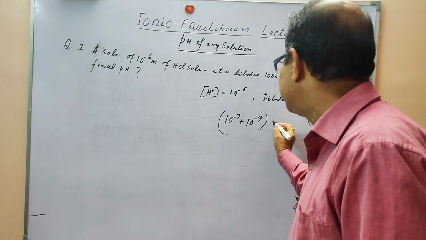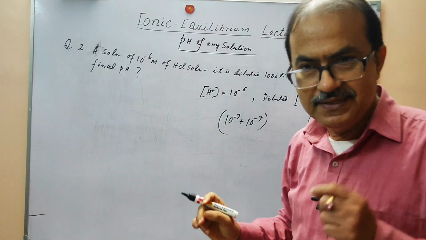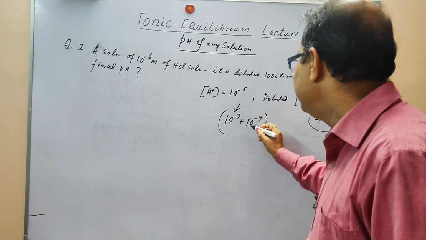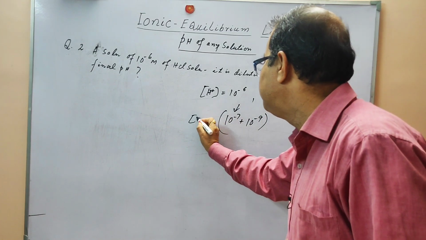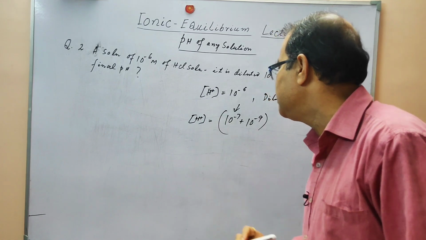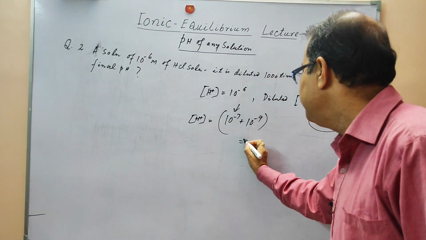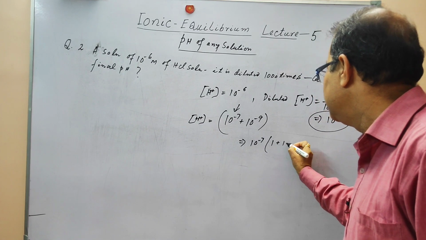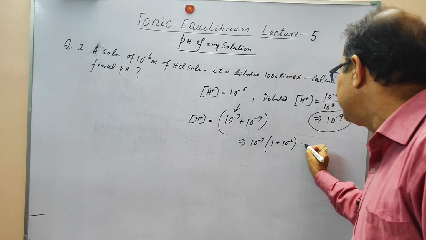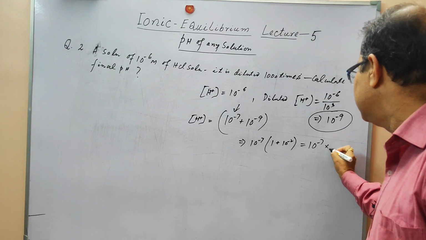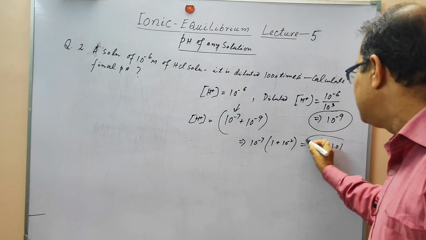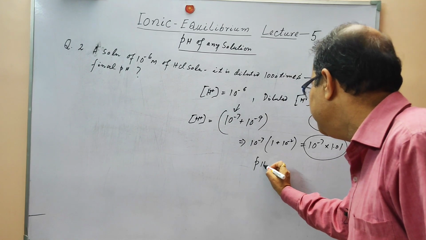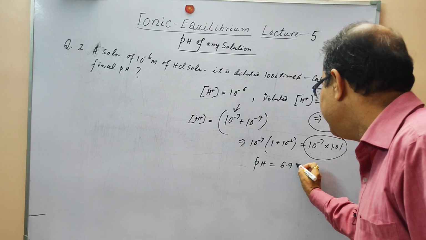That will be the total H plus ion concentration, which will be 10 to the power minus 7 times (1 plus 10 to the power minus 2), so 10 to the power minus 7 times 1.01. Now you calculate this amount, and the pH will be coming around 6.996.